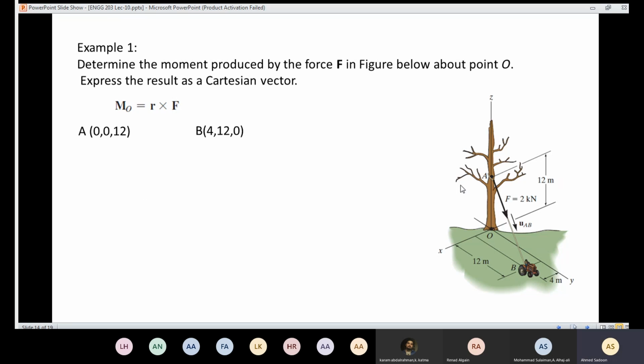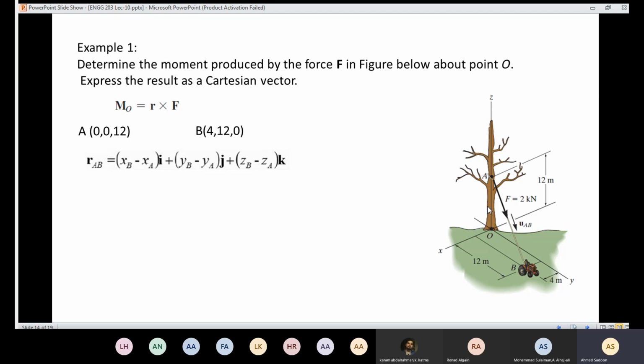Then, since I know the coordinates of the point A and the point B, I'll be able to calculate the position vector. If you remember that formula, then the RAB, and of course the direction is from A to B. It's shown here. You can see the arrow.